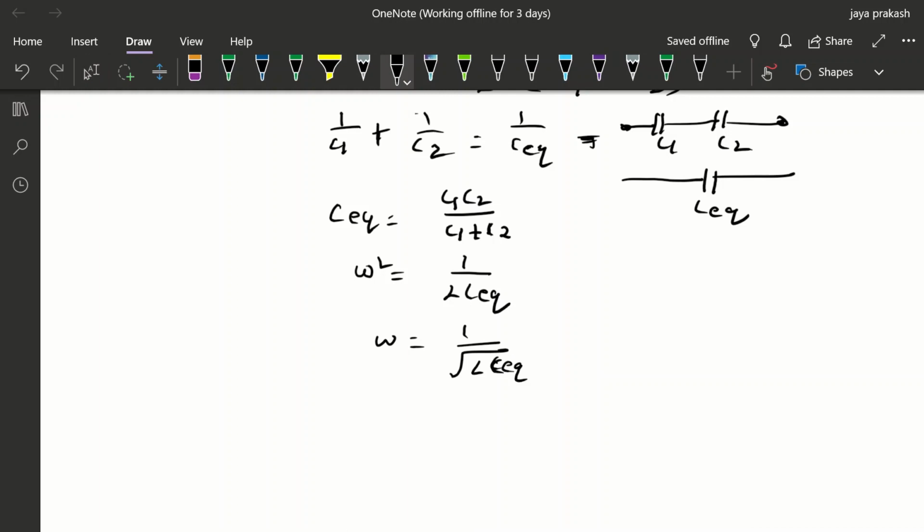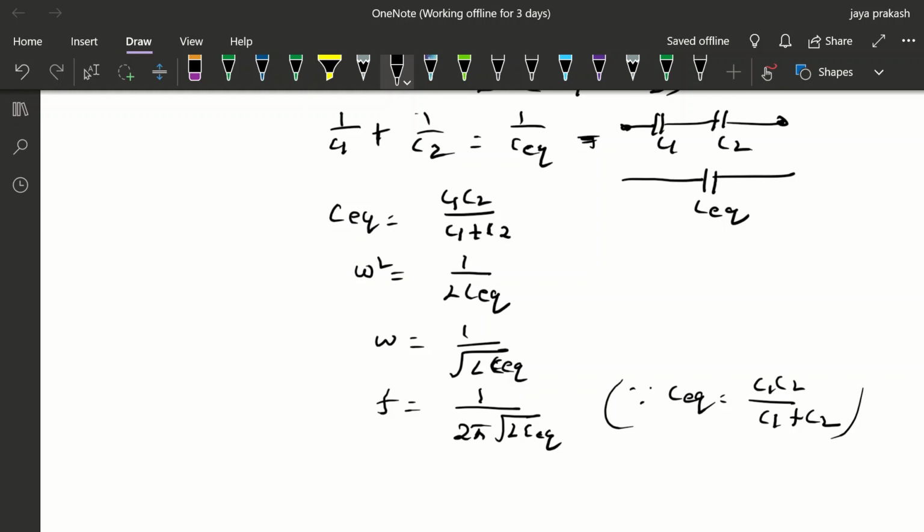I am not considering the negative value because frequency can't be negative. So f is equal to 1 by 2 pi into root over L C equivalent, where this C equivalent is equal to C1 C2 by C1 plus C2.